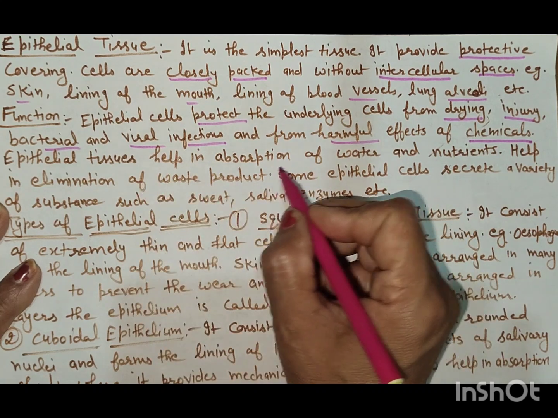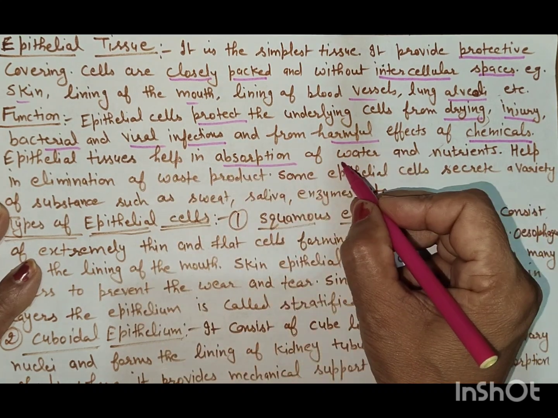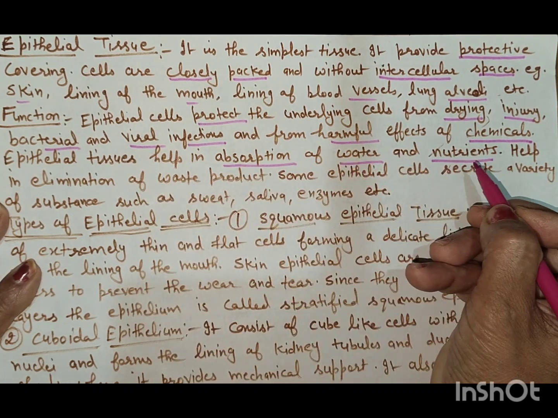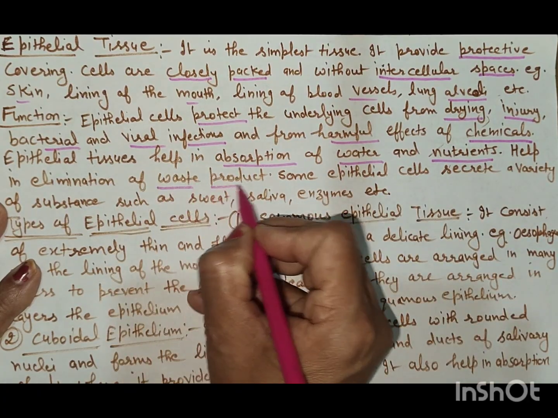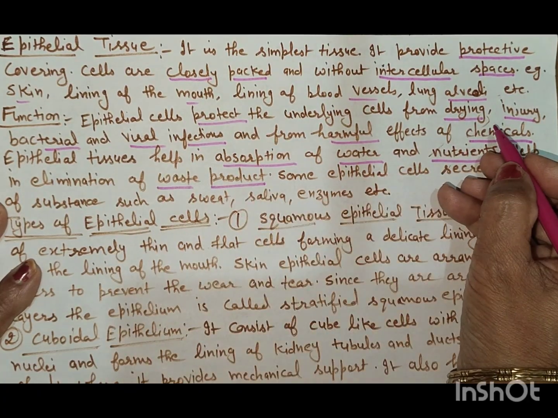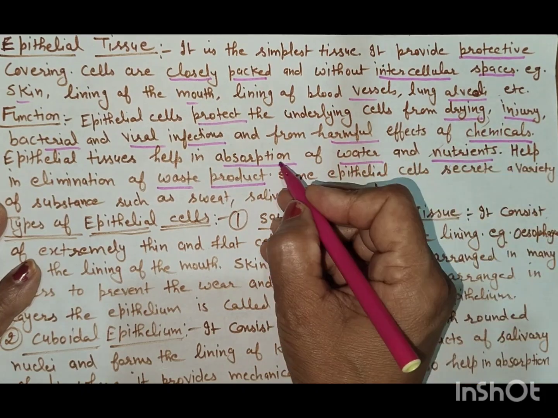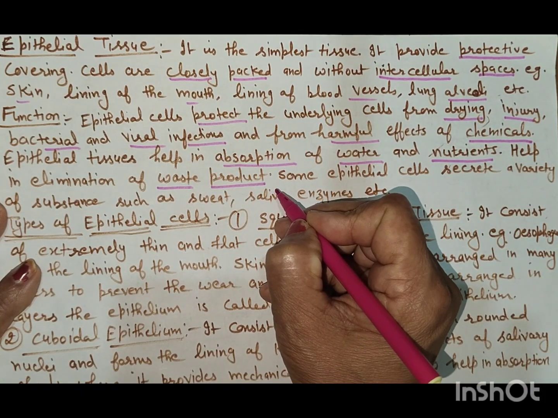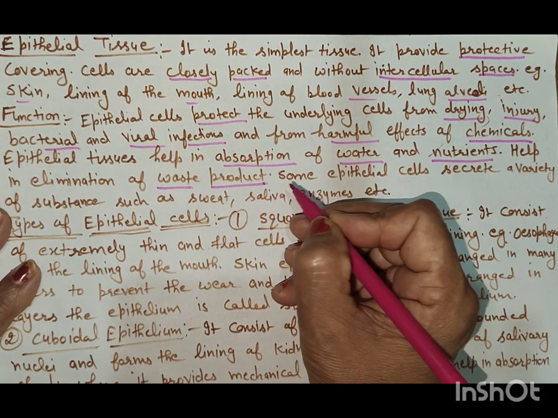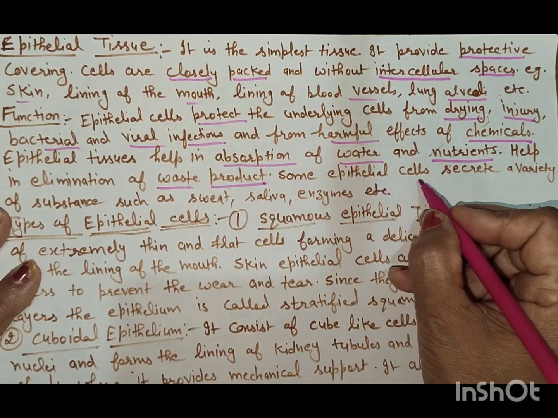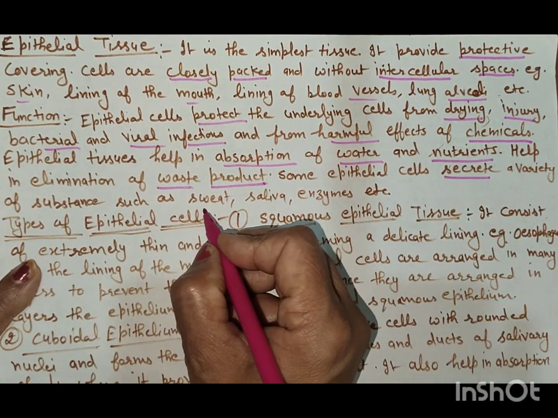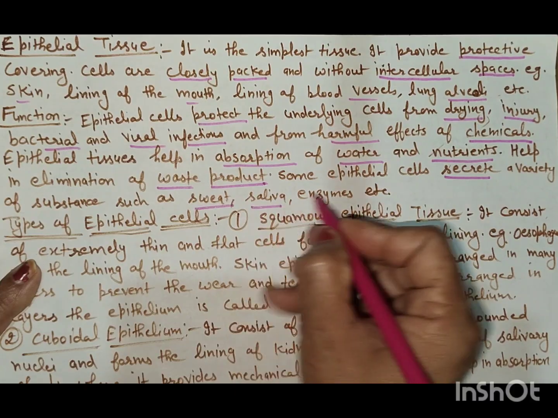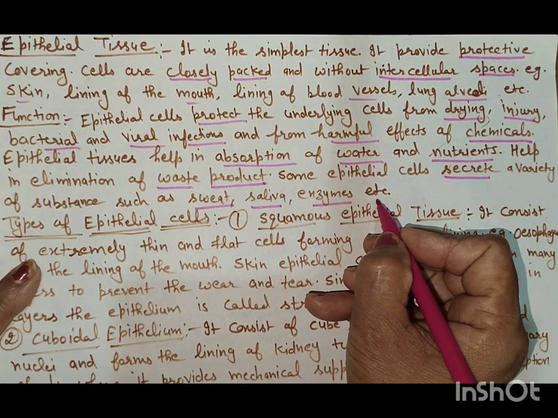Epithelial tissue helps in the absorption of water and nutrients, and in the elimination of waste products. Some epithelial cells secrete a variety of substances such as sweat, saliva, enzymes, etc.